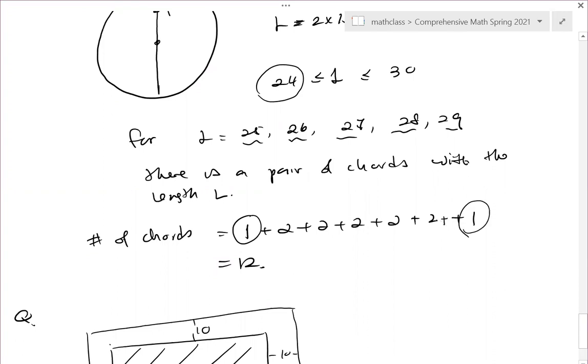So the total number of line segments is going to be 1 plus 2 plus 2, 5 of them. This corresponds to 24, 26, 27, 28, 29, but for each of those integers, you have a pair.